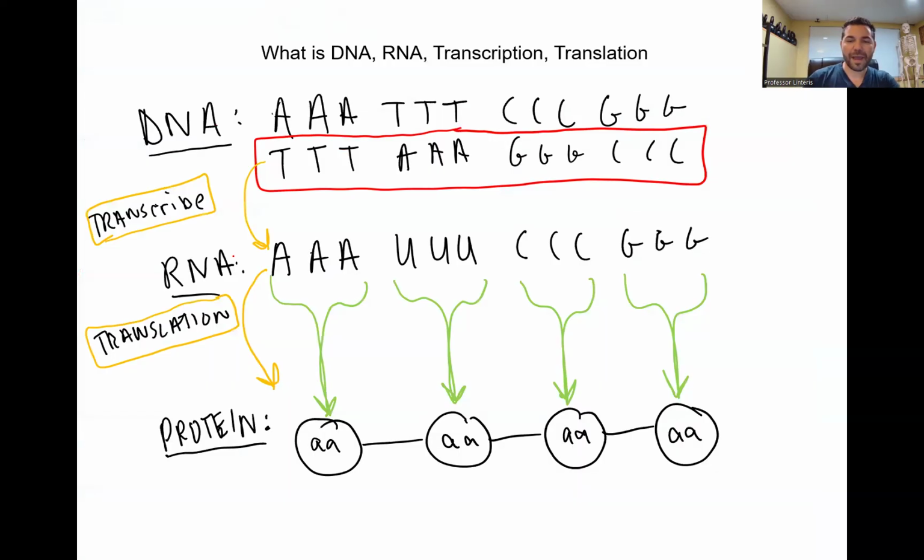So if I were to go back to here and let's say a cell needed to divide, all you would do was take your strand of DNA and you would just copy it. So if I said replicate the DNA, it would literally look like that. You would just take whatever strand and you would copy it. So DNA replication is DNA to DNA.